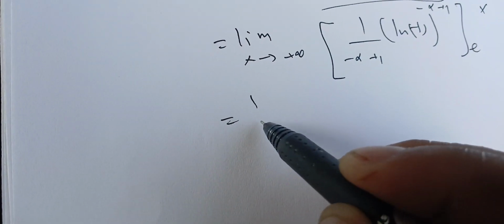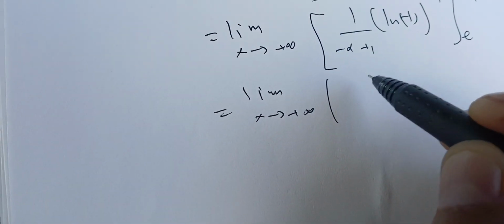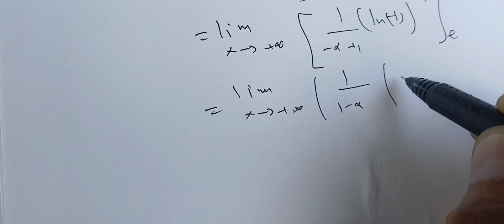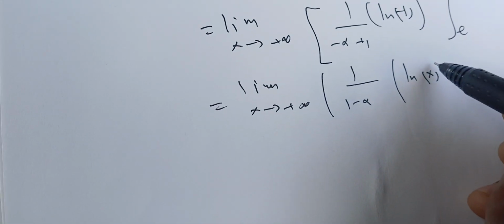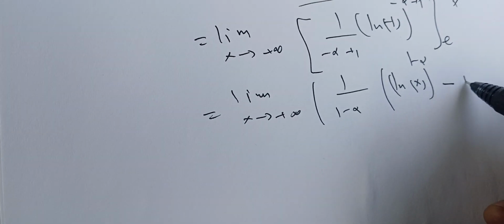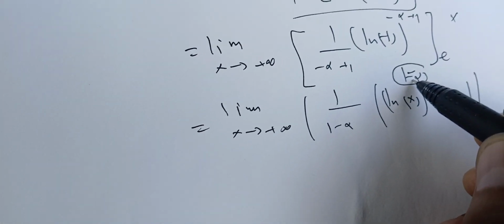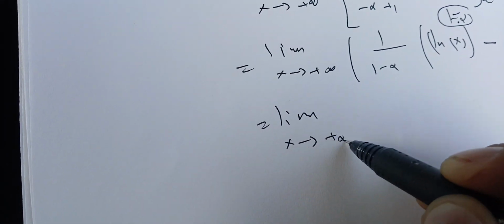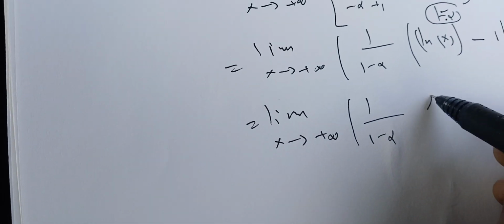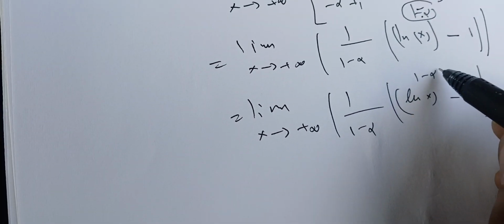So when I do the evaluation, I get the limit as x goes to infinity of 1 over 1 minus alpha times ln of x to the power 1 minus alpha, minus just 1. Let me write it nicely: the limit as x goes to infinity of 1 over 1 minus alpha, ln of x to the power 1 minus alpha, minus 1.